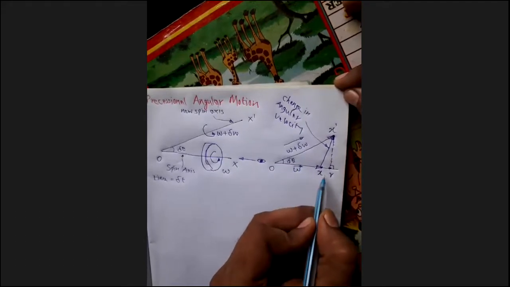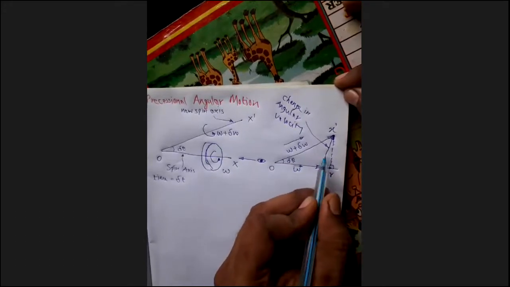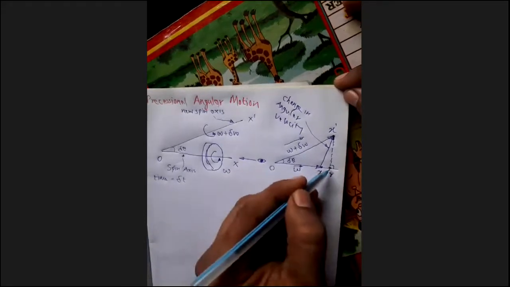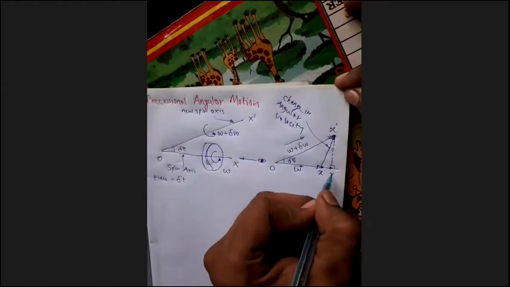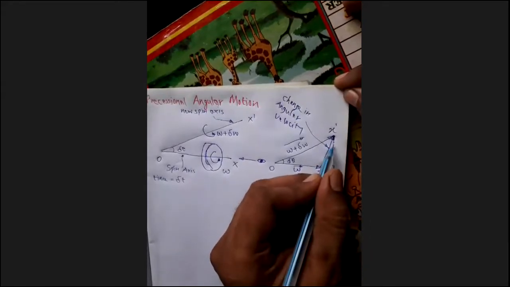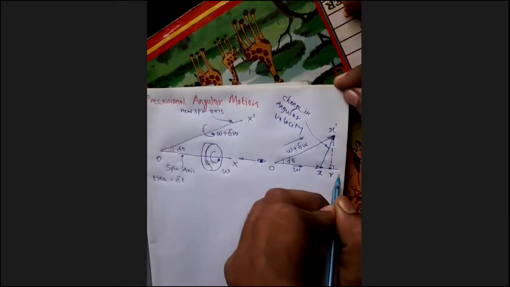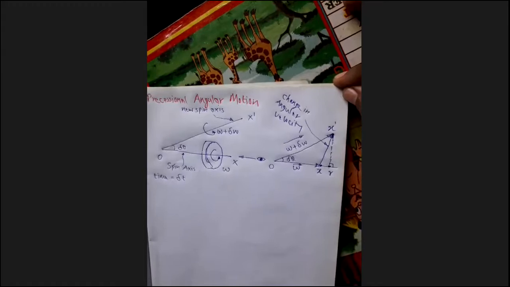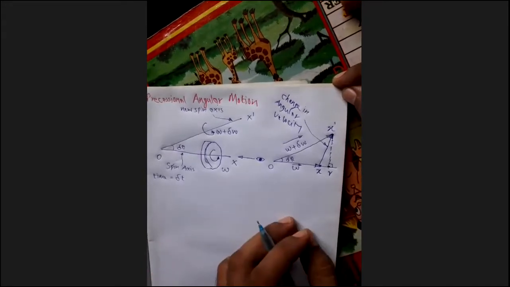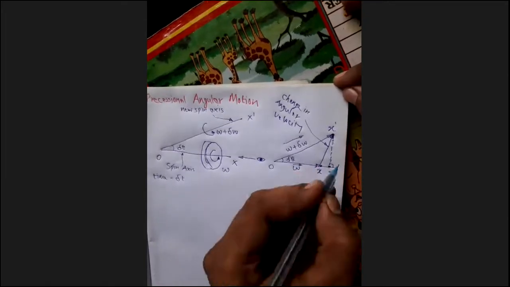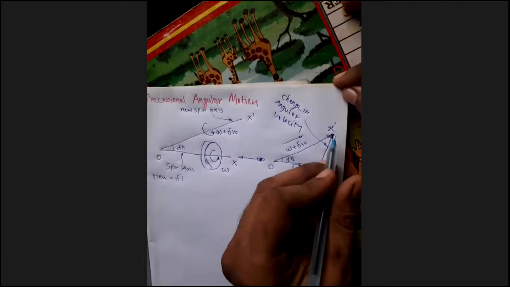Component xr represents change in angular velocity along OX, and component rx dash represents change in velocity perpendicular to OX. Now I find the expression for angular acceleration in the direction of OX and in the direction perpendicular to OX.